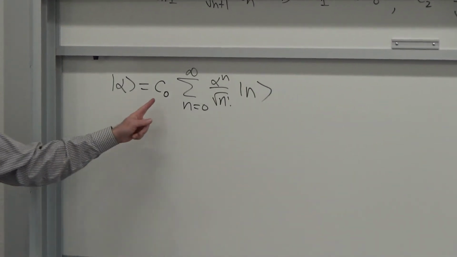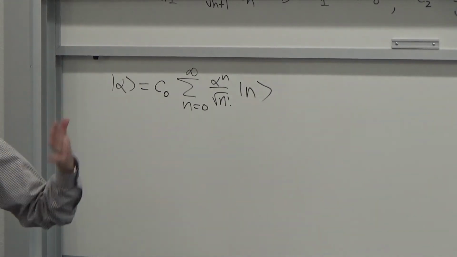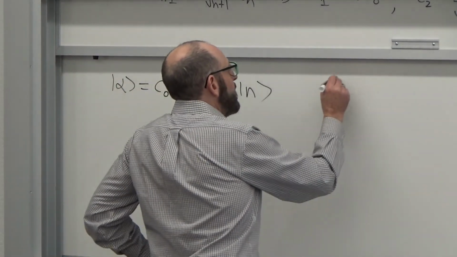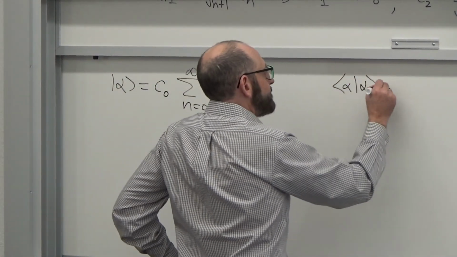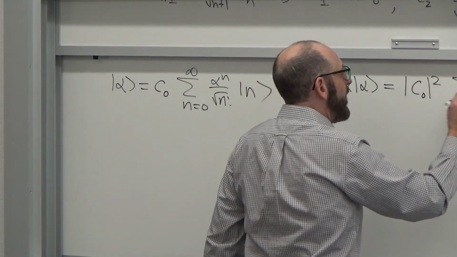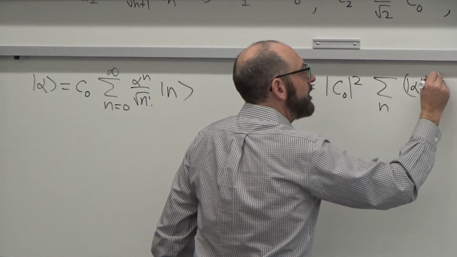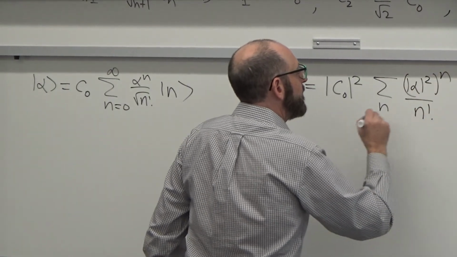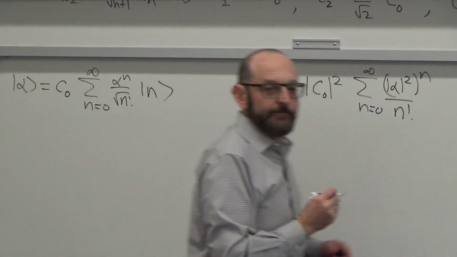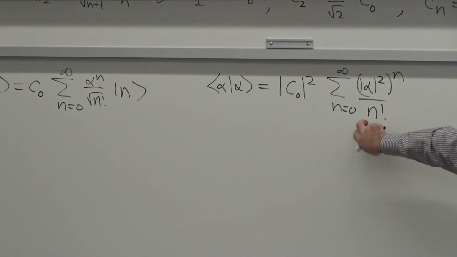Finally, we set C0 through normalization, and then the overall phase by just convention. So the norm of this vector is C0 squared times the sum over n of that. And that's supposed to equal 1, right? What is this sum?